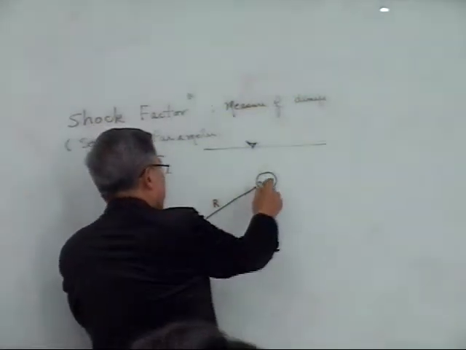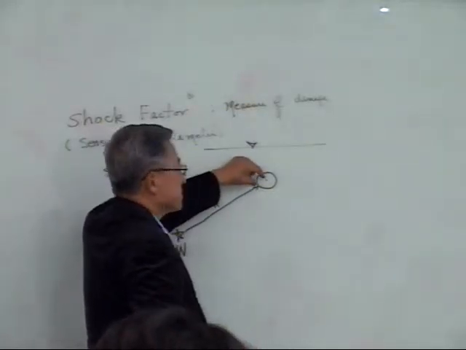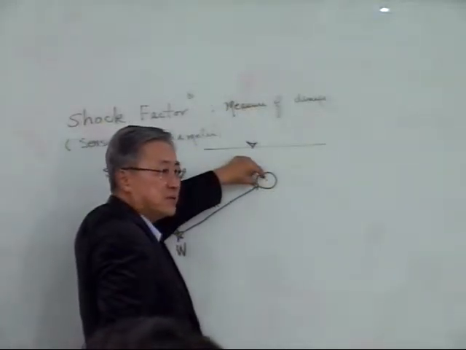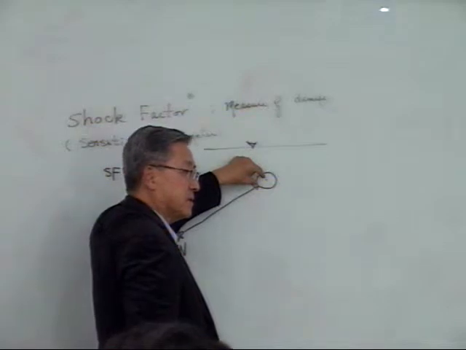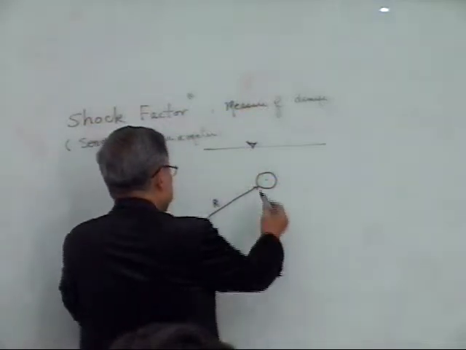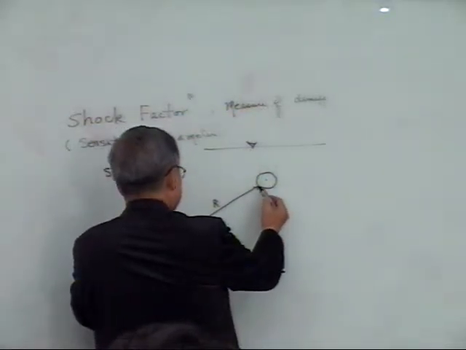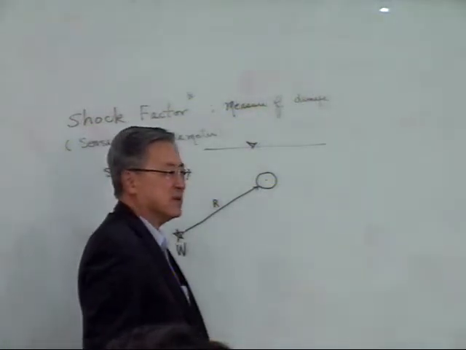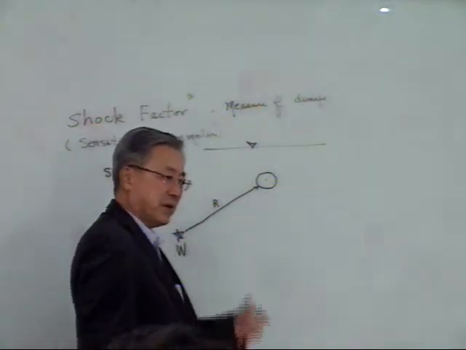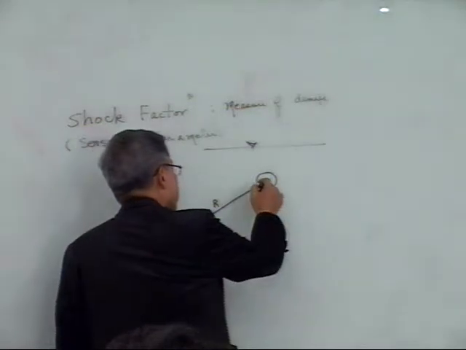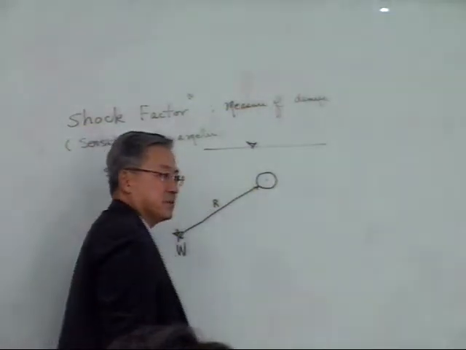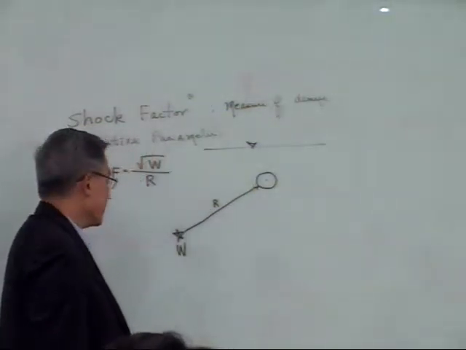Usually this R is much larger than the radius of the target. So whether you use up to here as R, or up to here as R, really doesn't matter. But if you ask me to pick, I'll pick the nearest point. Okay?